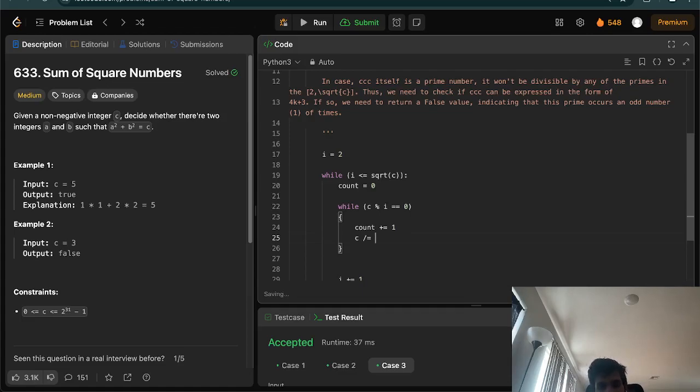The idea is that once we divide something by its prime factor, we don't need that value again. Once we remove that particular prime factor, dividing any number of times, it's just going to go away from here.